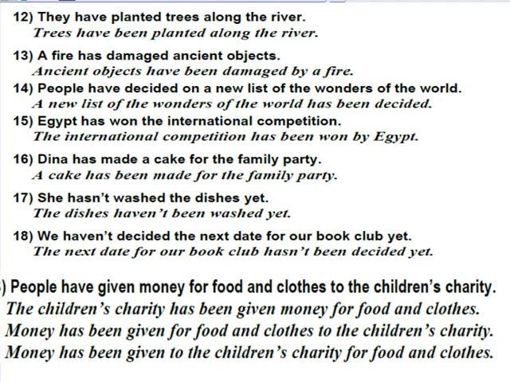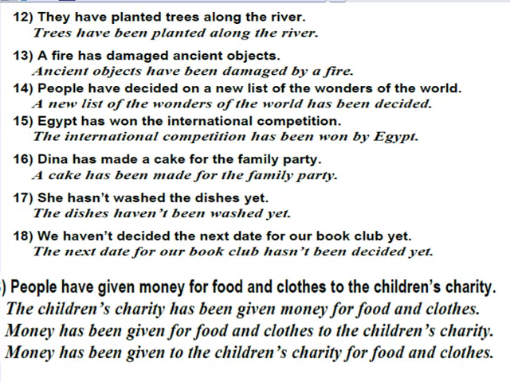Here we have an interesting example. Say people have given money for food and clothes to the children's charity. Here we have more than one object. Let's check them. The first answer here is the children's charity.